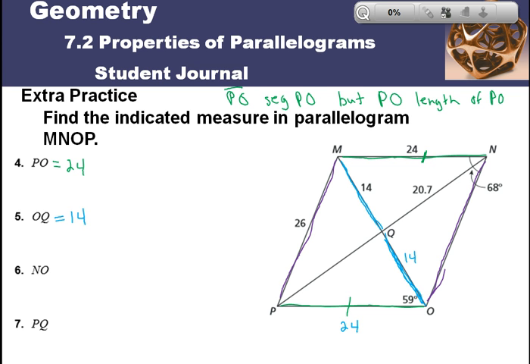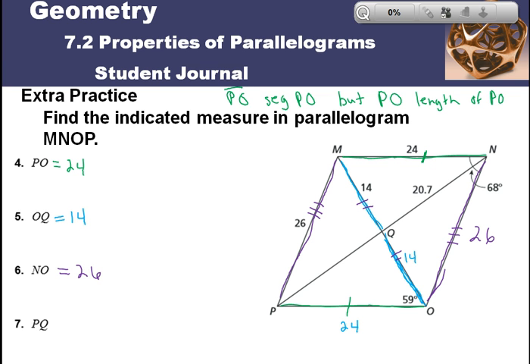Whatever that side is. Oh, I forgot to mark those other ones equal. So these are equal. We'll do 3's. And these two are equal too. So maybe we'll do 2's for these. Okay, so if MP is 26, then that means that NO must also be 26. So NO is 26. And then it looks like we just have one more segment to find.